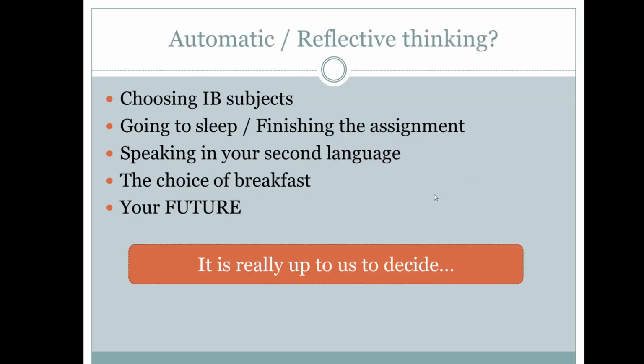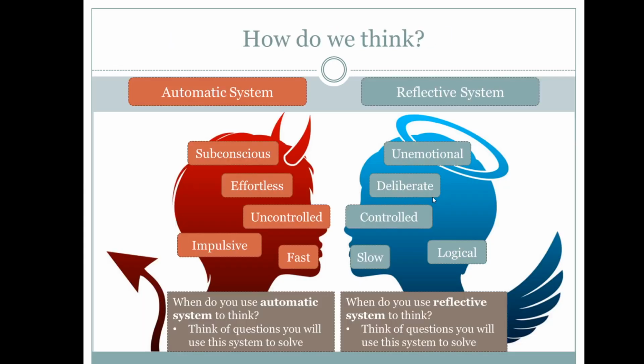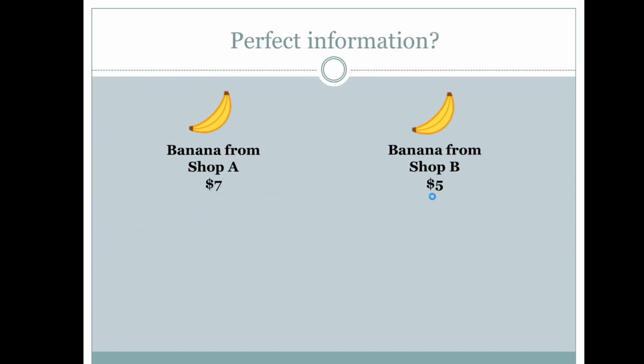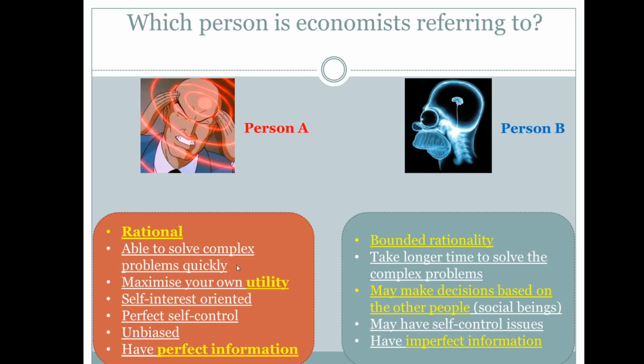When we go back to the characteristics here, they all act rationally, so they really think it through before they make a decision. But here's the thing: they are able to solve complex problems quickly. And we know that when we are using reflective thinking, it takes time because problems are complicated.